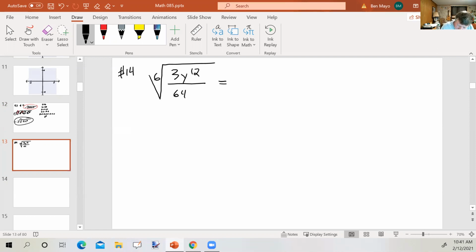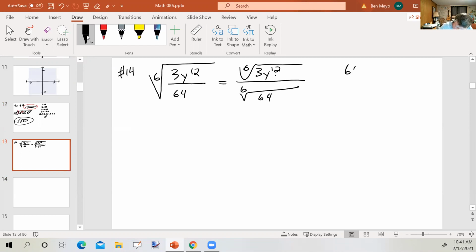I could rewrite that as the 6th root of 3y to the 12th over the 6th root of 64.